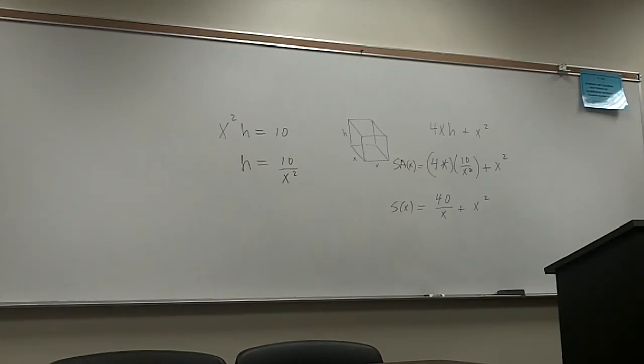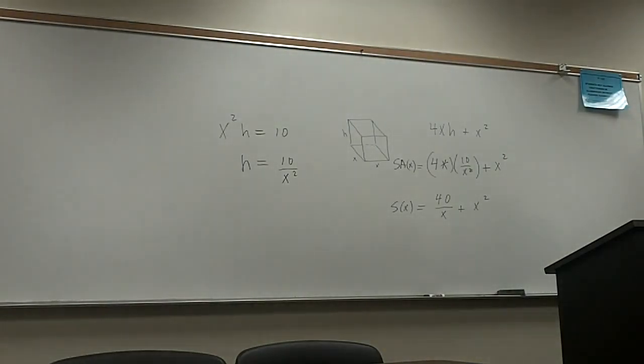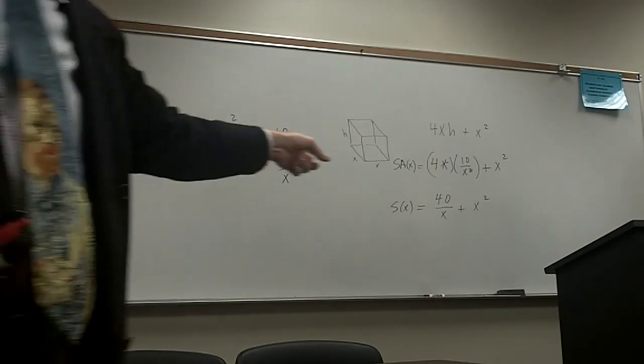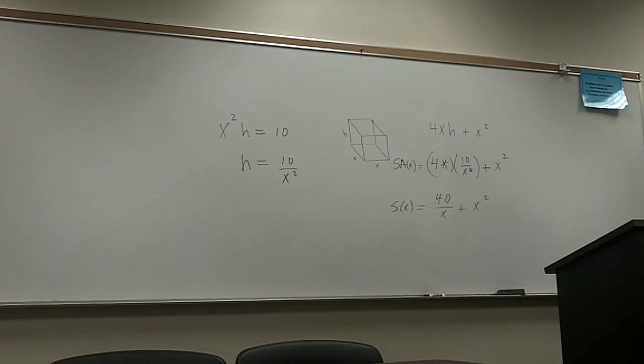The bottom was square. And you were told that it holds 10 cubic feet of whatever, okay? Well, guess what? You would know exactly how many square feet the box is. All you have to know is the x value.